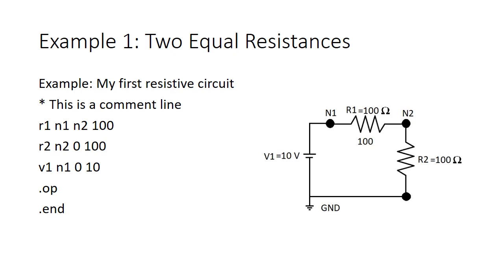So these three lines describe the circuit elements, three circuit elements here, V1, R1 and R2. And then we put one simple .OP statement just to find out the DC operating points of the circuit. And then we put a .END statement to declare the end of the netlist.